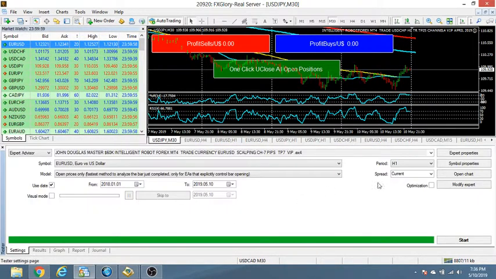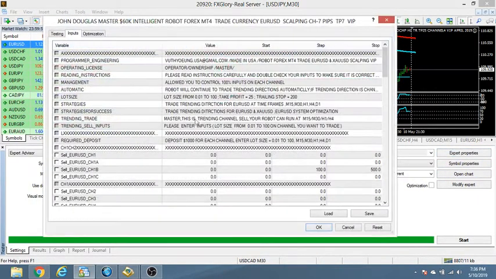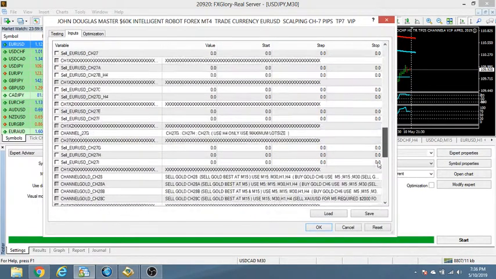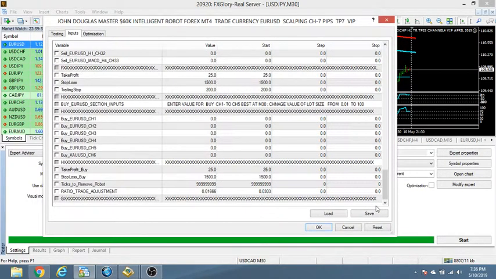Now let's see. You can start with something new. Now you want to start with 1.5, which is 1,500, because for the lot, 1.0 is 1,000, 1.5 is 1,500.